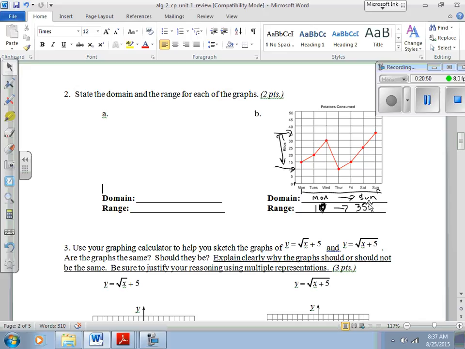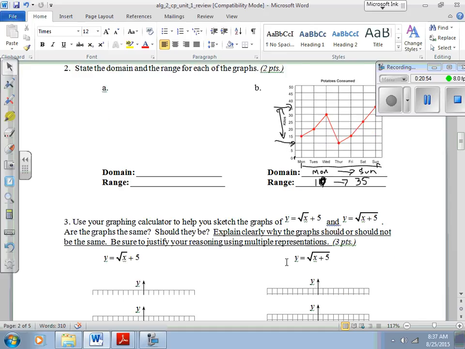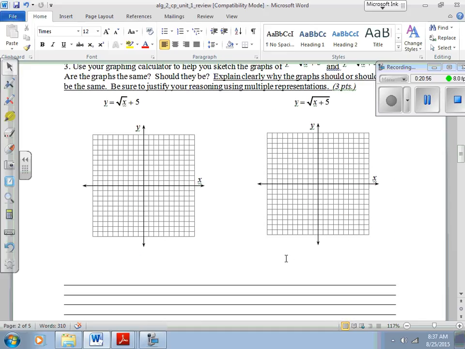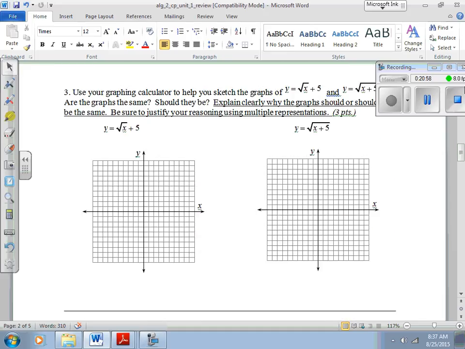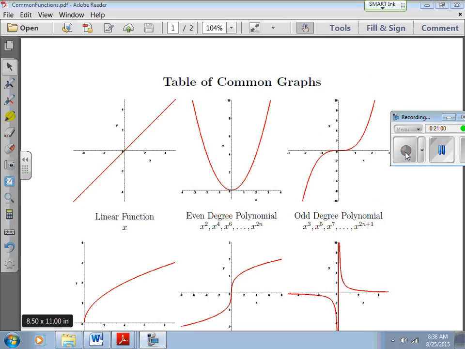Let's move to number 3. Everybody take a look at the red graphs. First one, linear function, y equals mx plus b. You guys remember that way back from a long time ago in algebra?